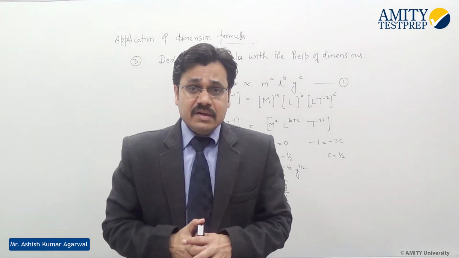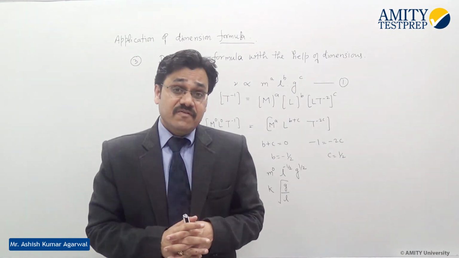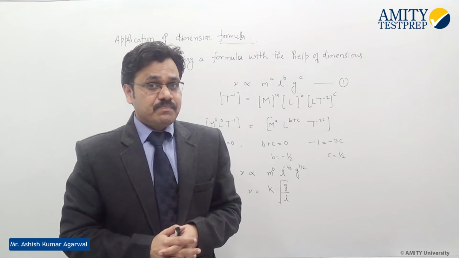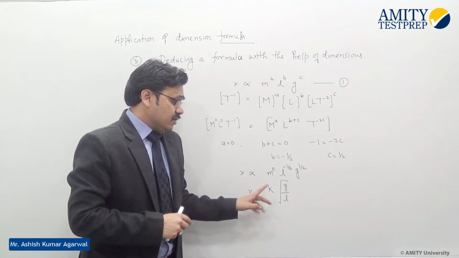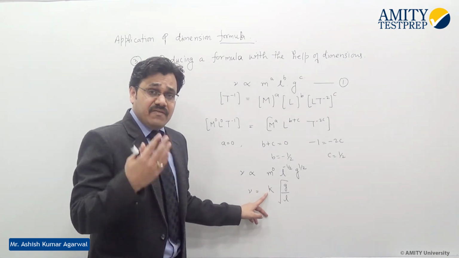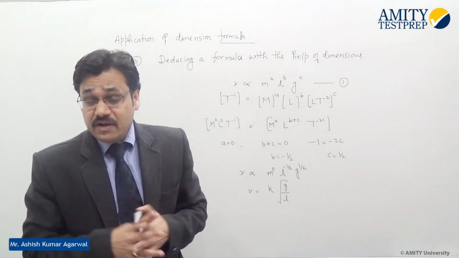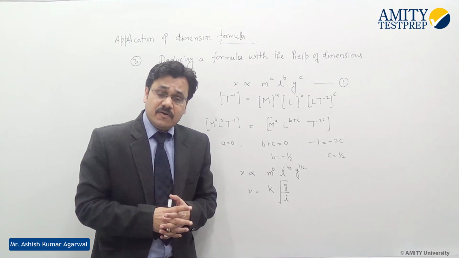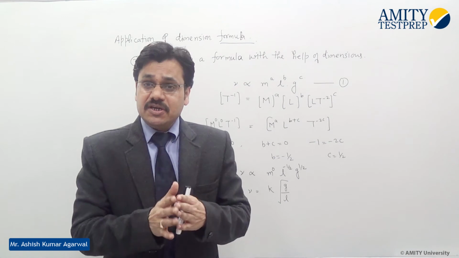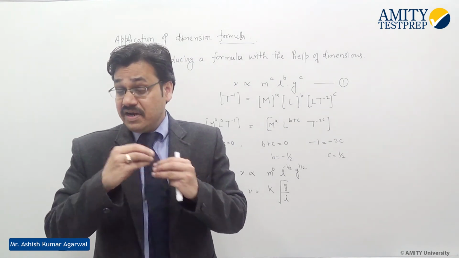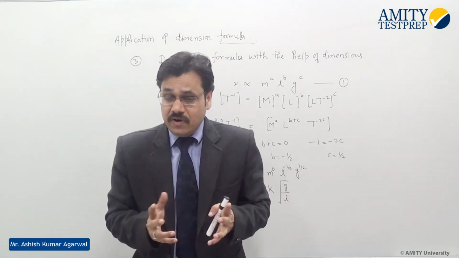Here we have to think about what the uses of the dimension formula are and what its limitations are. Talking about the limitations, we can deduce the relationship dimensionally and relate the physical quantities, but we can't write down the constant value in the formula.